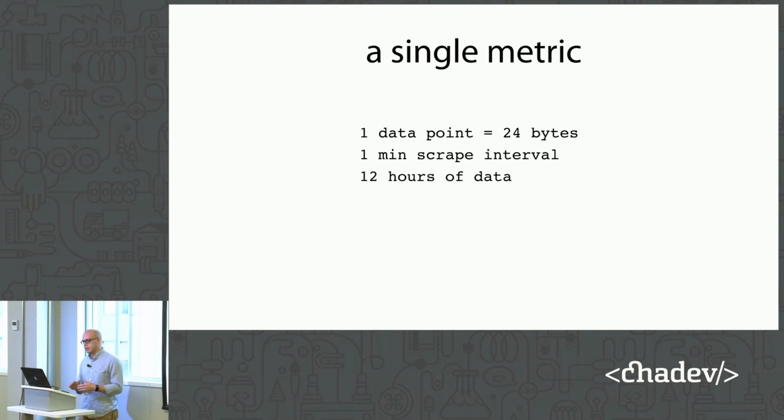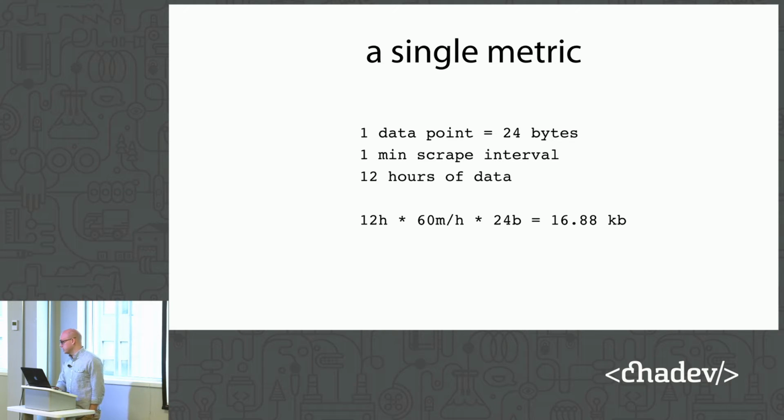But just as a case study, 12 hours of data, because that gives us enough information to see whether things are rapidly changing in a negative way. Well, let's do the math on that. 12 hours times 60 minutes in an hour times 24 bytes comes to about 16 kilobytes per data point that we're monitoring, for a single host.